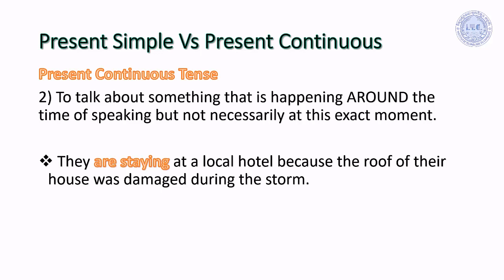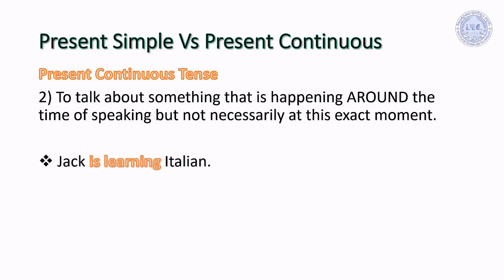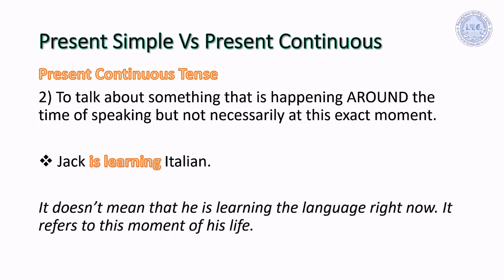This situation is temporary. Let's look at another example. Jack is learning Italian. So it also doesn't mean that he is learning the language right now at the desk with all of his language books. So it refers to this moment of his life.